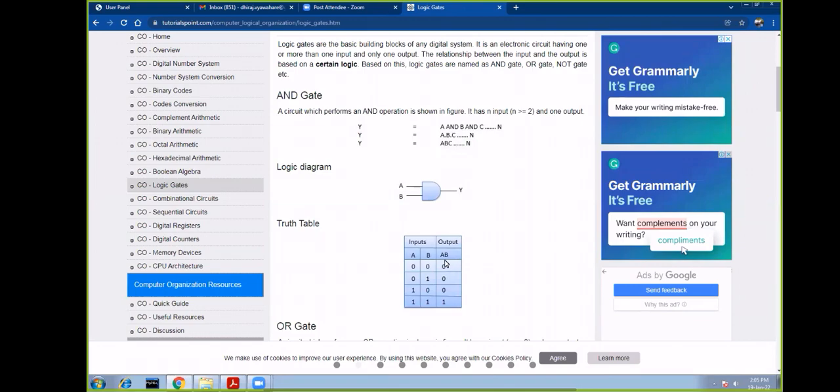If Y = A dot B dot C, or Y = ABC, A multiplied by B multiplied by C, when all the inputs A, B, C are 1, then the output is 1, otherwise 0 in an AND gate. So where can you apply this technique? Suppose you have passed 12th. What is the criteria for passing 12th?